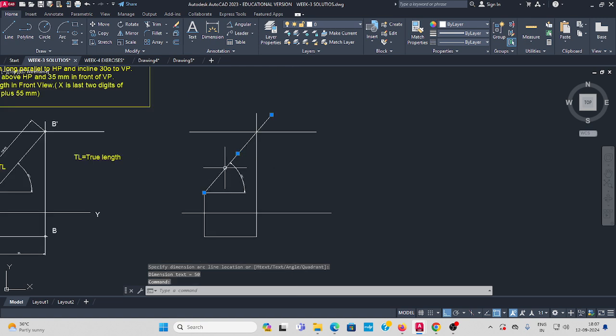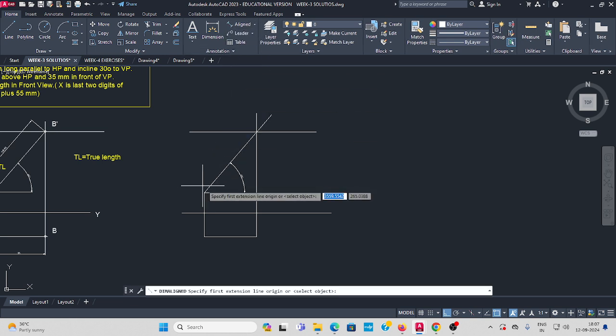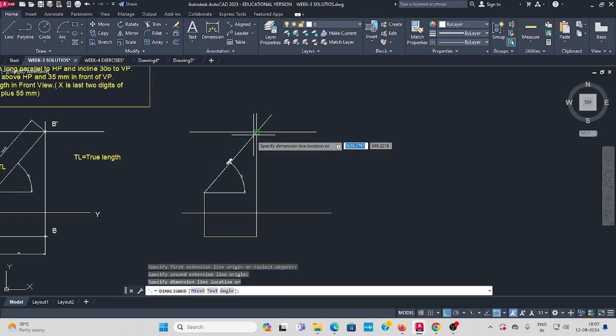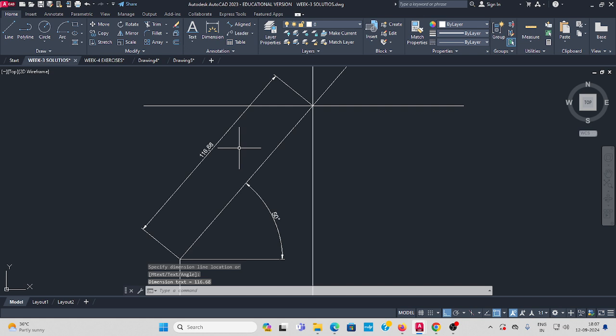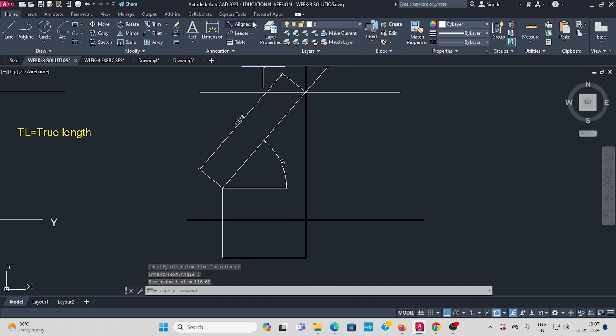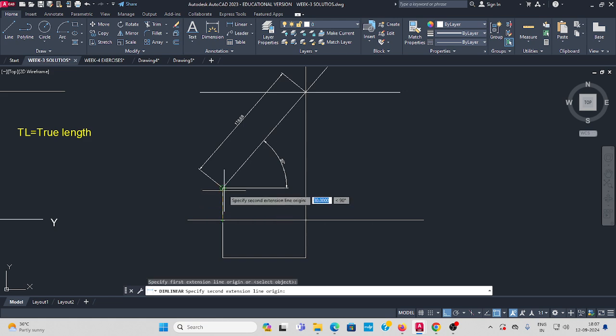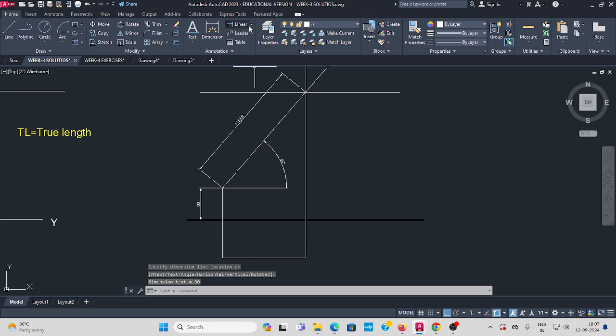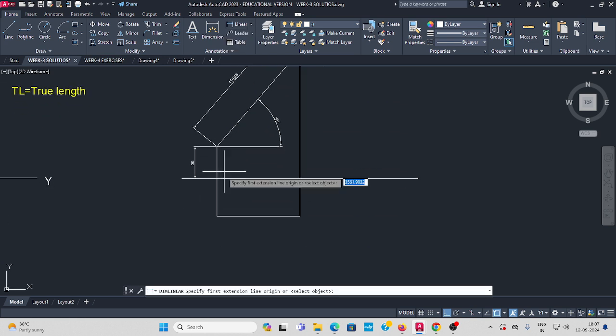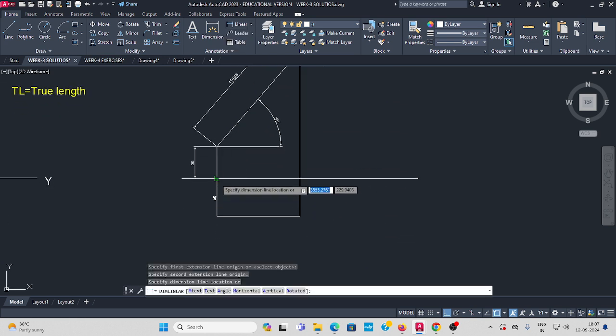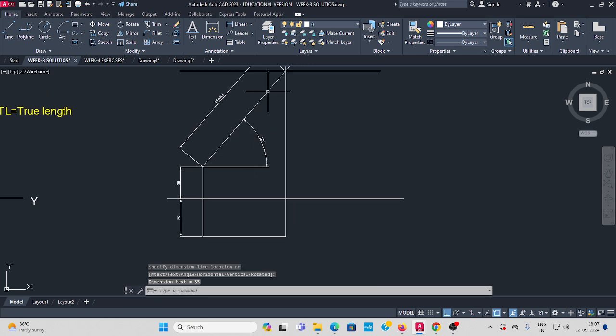This length is measured, aligned from here to here: 116.68. That is your answer. And here to here. All the proper dimensions you have to give, and notation also you have to give.